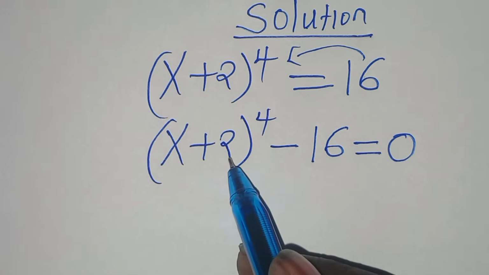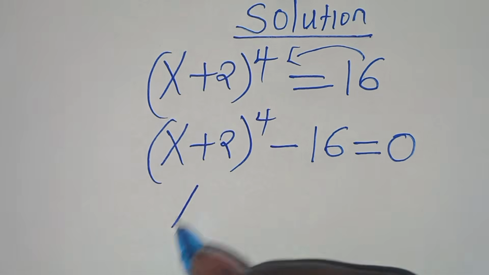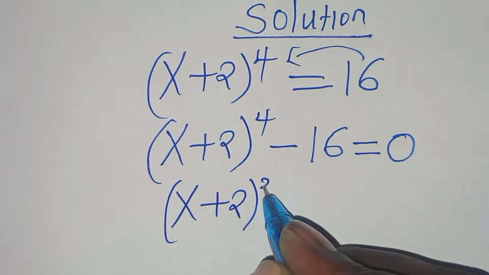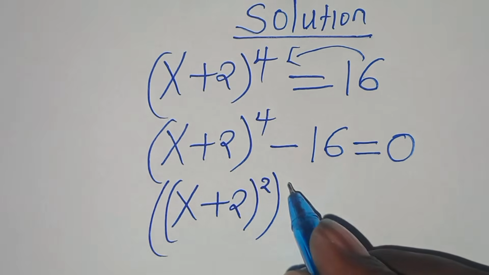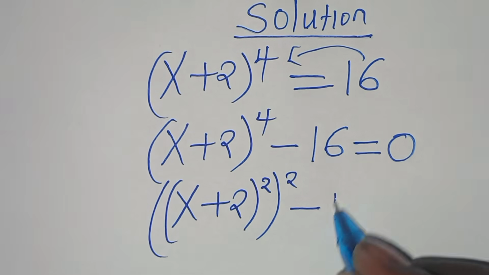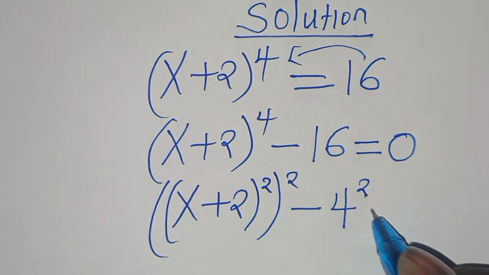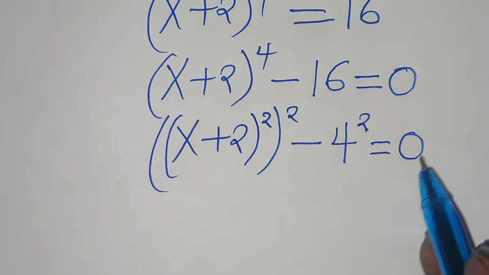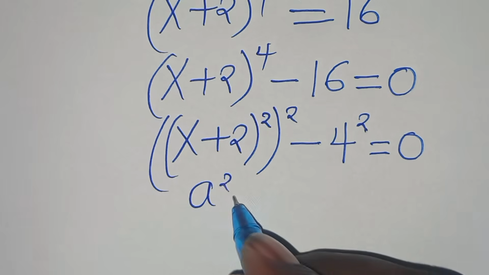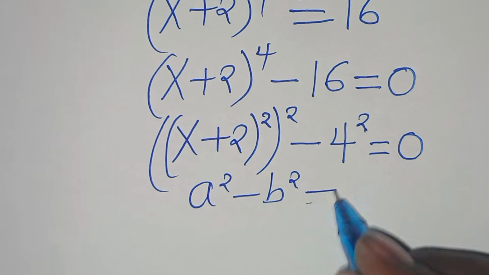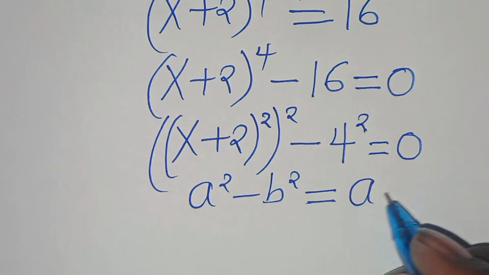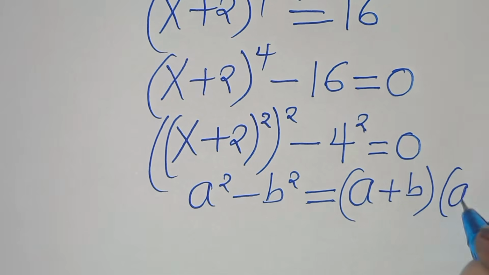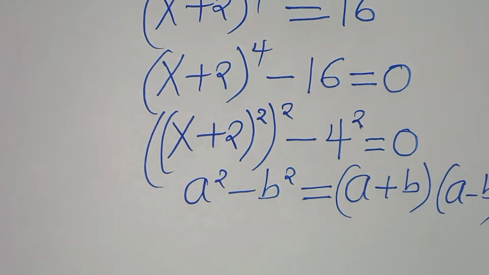We can express (x + 2)^4 as ((x + 2)^2)^2, minus 16, which is 4 to the power of 2, and this is equal to 0. So this equation here is of the form a squared minus b squared, the difference of two perfect squares, which you can express as (a + b) multiplied by (a - b).